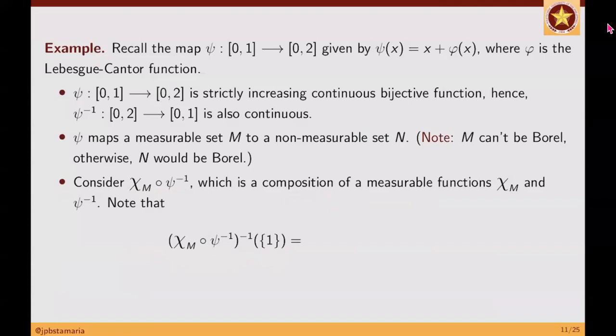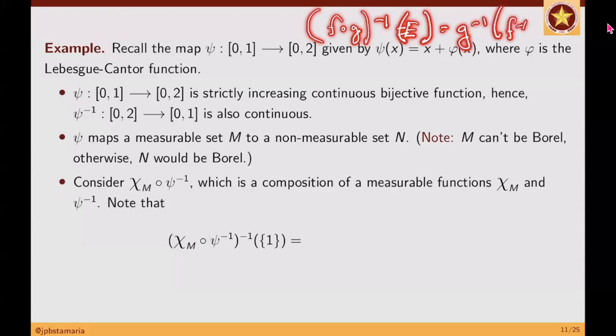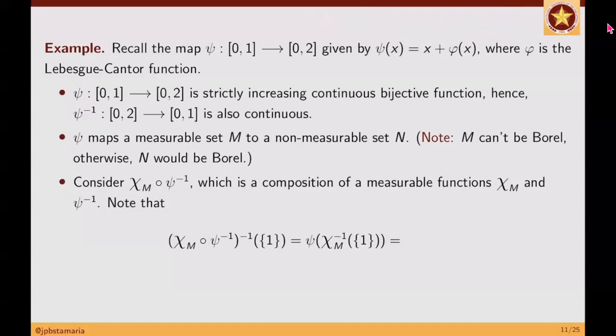Do you recall, kapag meron kang F circle G, ang inverse image ng, let's say, E under this is G inverse of F inverse of E. Property yan. Magiging psi of chi M inverse of singleton 1.